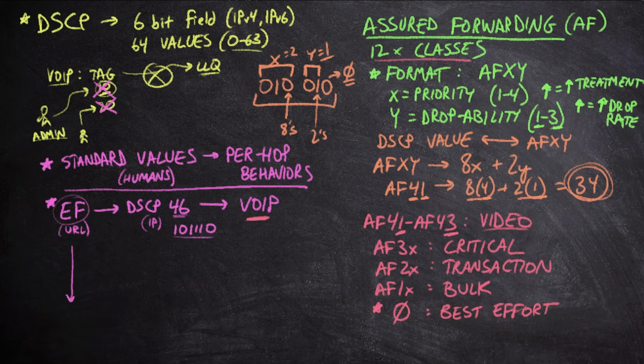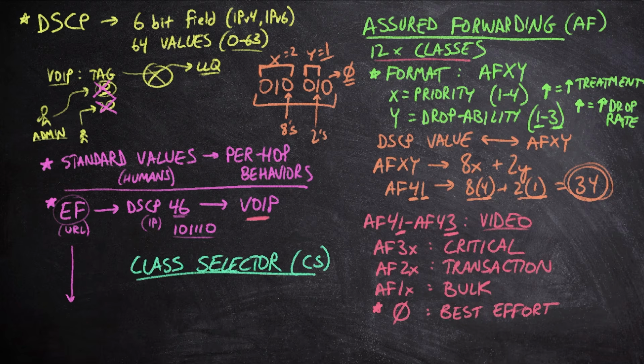So I mentioned that there's a third category. This third category is known as class selector, which is abbreviated as CS. Class selector was created to allow us to migrate from IP precedence to DSCP. And class selector is fairly straightforward.